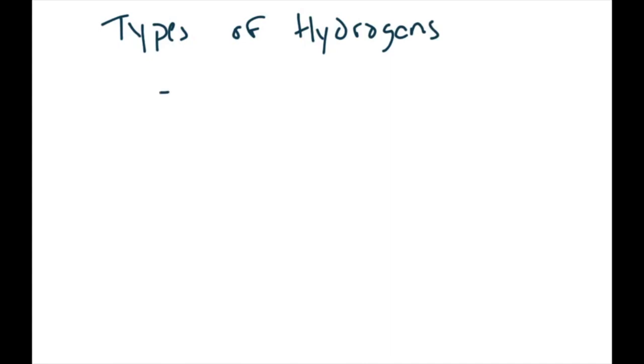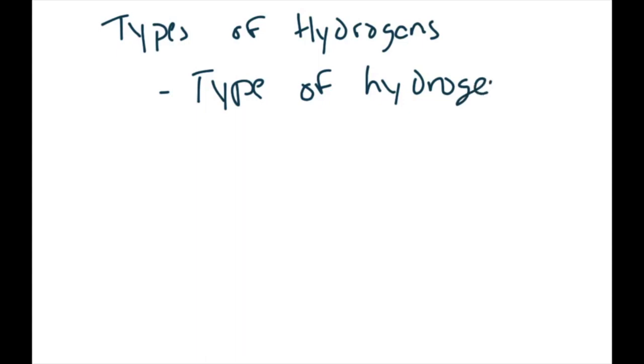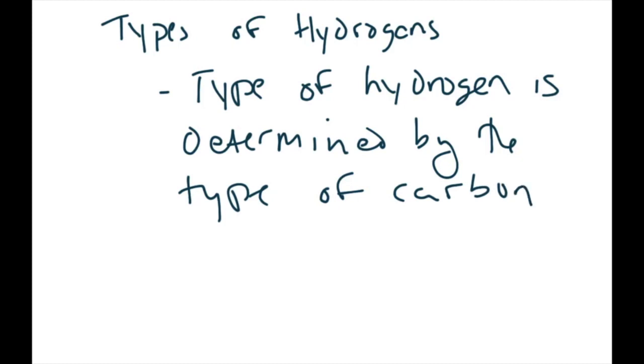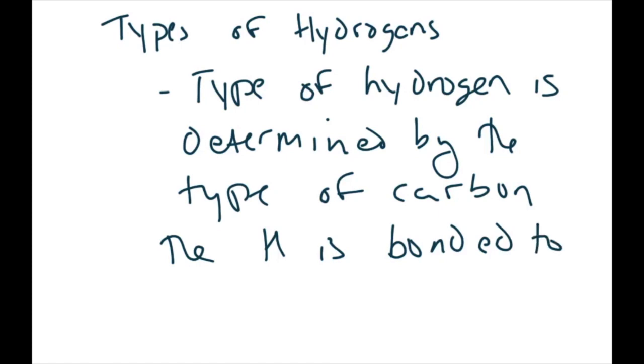So types of hydrogens are determined by the type of carbon the hydrogen is bonded to. So a primary hydrogen is bonded to a primary carbon.